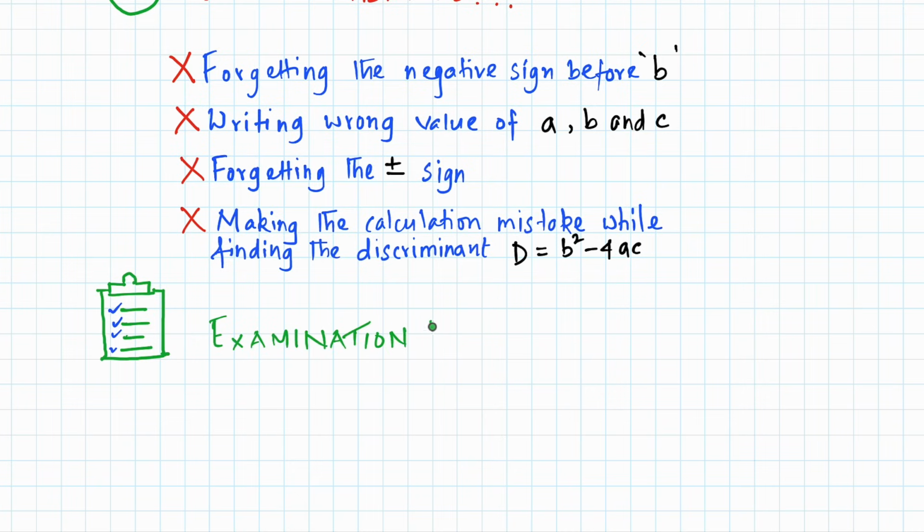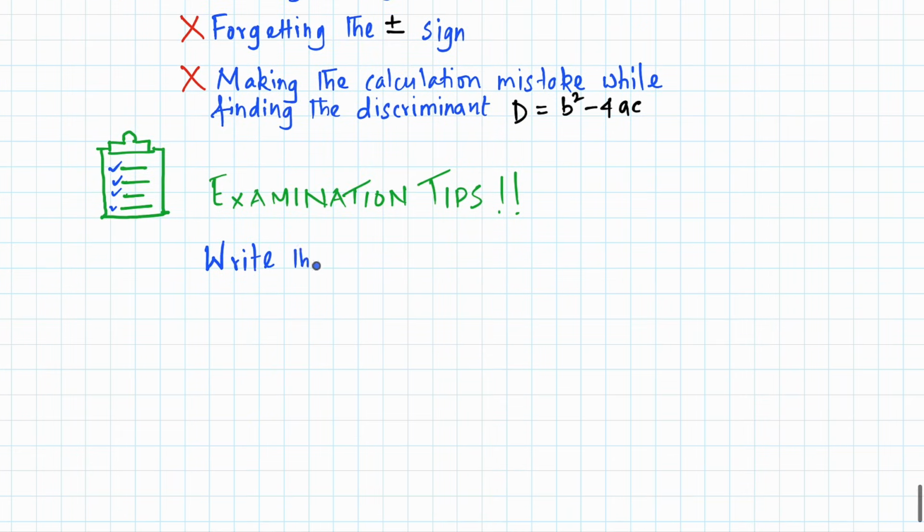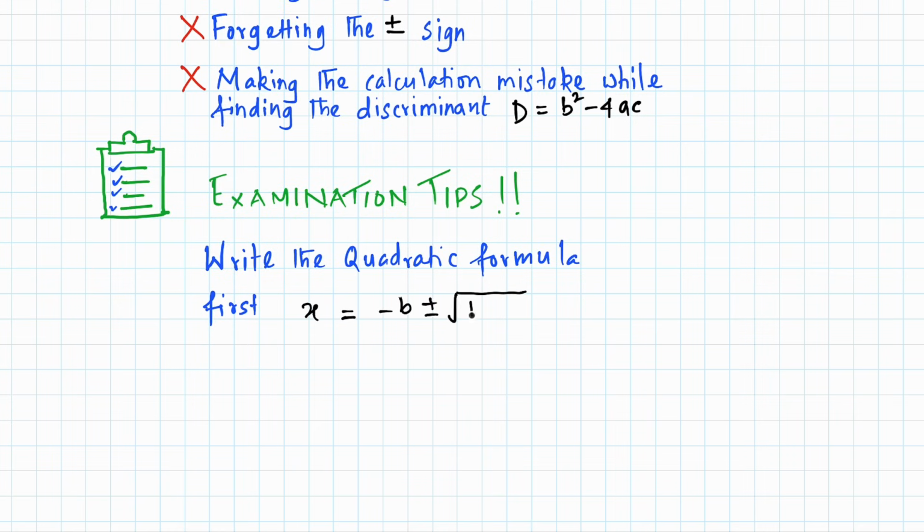Now, what are the most important examination tips? First, write the quadratic formula: x equal to minus b plus minus root over of b square minus 4ac by 2a.